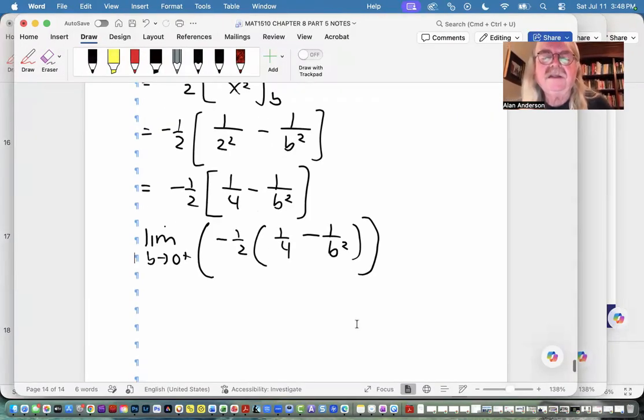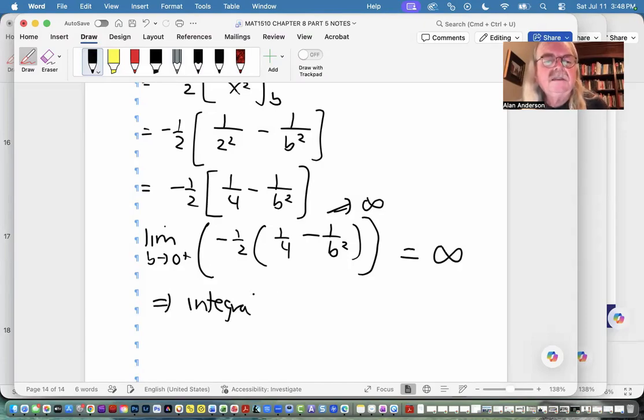So we're out of luck because this goes to infinity. So the whole thing is infinity, and we say that the integral diverges.